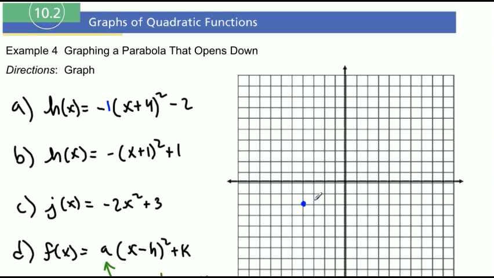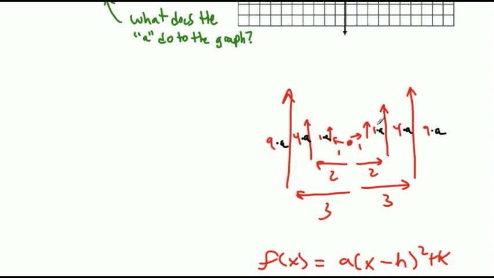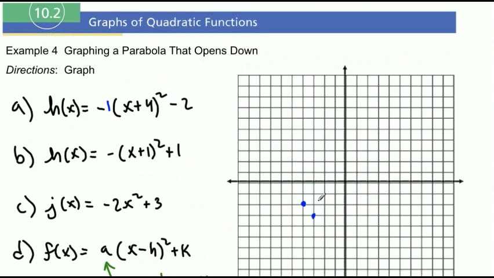So 1 times -1 is -1, which means now instead of going up 1, I'm going to go down 1. The a value is -1. If I multiply 1 times -1, it's -1, so instead of going up, I have to go down, because it's negative. If it's positive, it's going to go up. If it's negative, it's going to go down. So I'm going to go over 1, down 1.